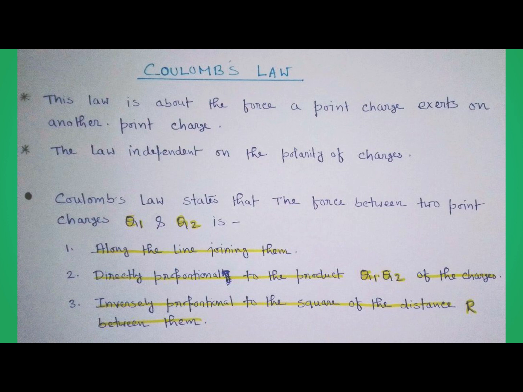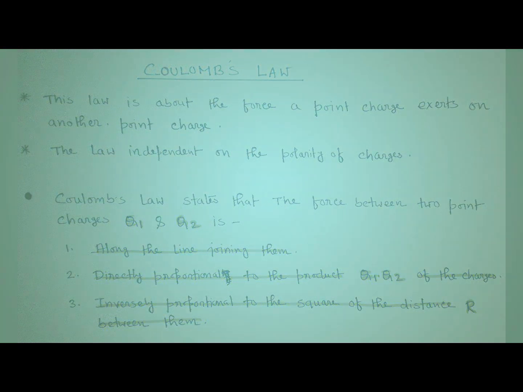If two point charges Q1 and Q2 are there, and the distance between them is r, then the force acting between them is inversely proportional to the square of the distance r and directly proportional to the product of charges Q1 Q2.